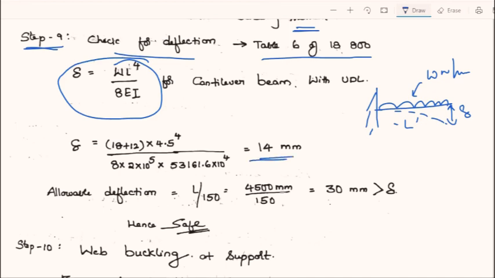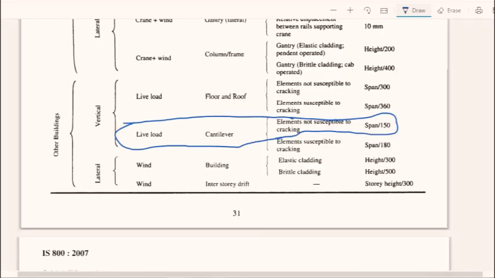So 14 mm. Because of whatever load is acting on this cantilever beam, 14 mm is the deflection in the beam. But according to the code, from the table, for a cantilever susceptible to cracking, it is span by 150.